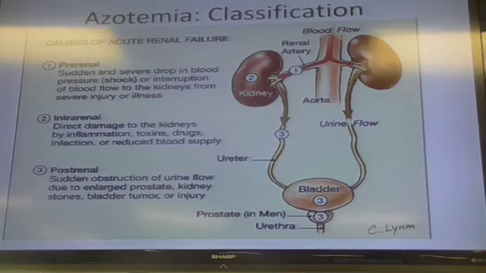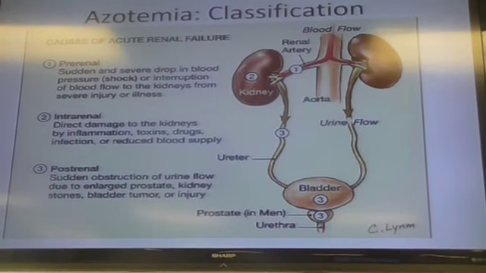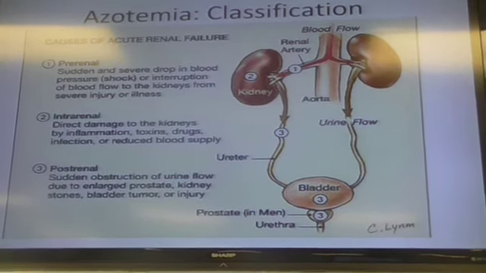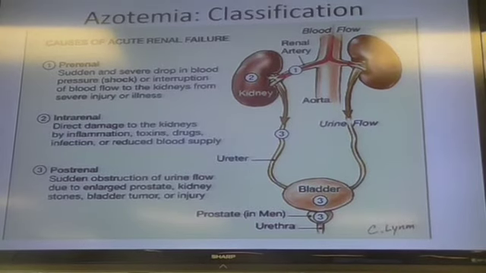Signalment. I'm not going to have you memorize the breed chart. Maybe a few. But in general, just know that puppies don't have mature kidneys, so don't give NSAIDs to a puppy. Oh, but he got declawed. Don't give NSAIDs. You know, because the kidneys are still maturing for the first 6 to 8 weeks.